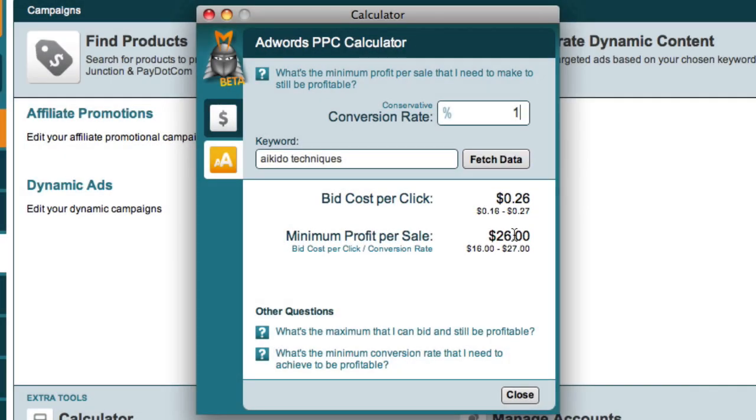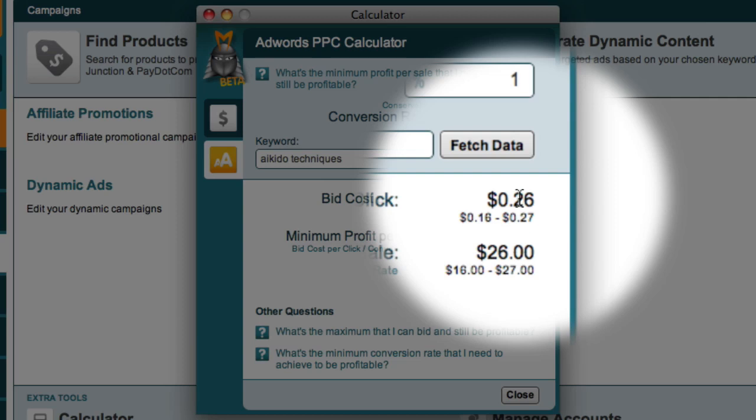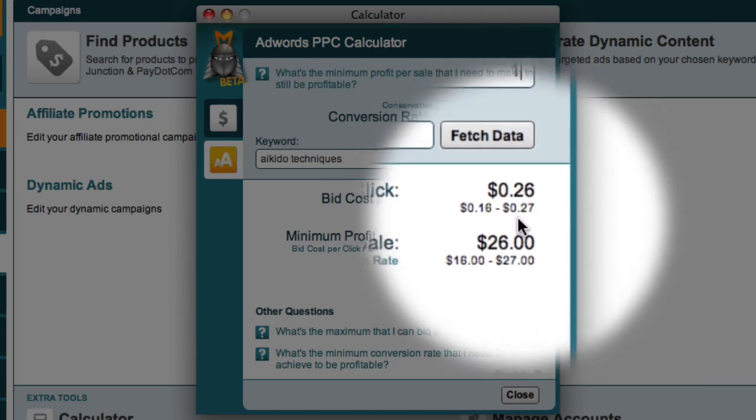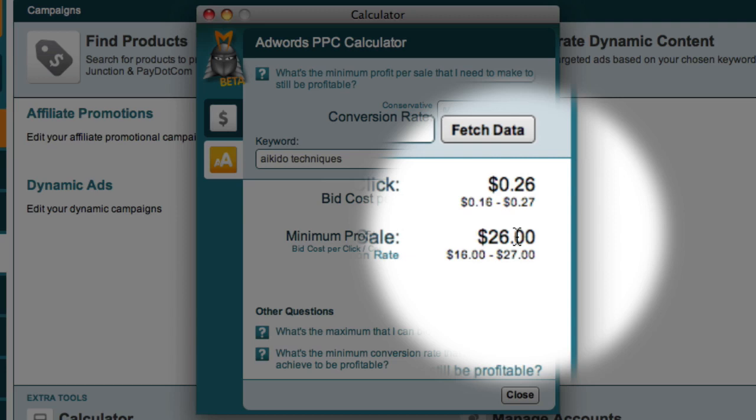Now, the reason that there are three values relating to the minimum profit per sale is that these values correspond to the cost per click bids above. If I was paying the average cost per click of 26 cents, then I would need to find a product that paid me $26 per sale.